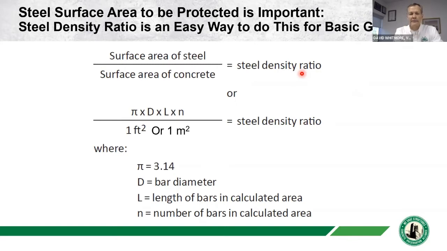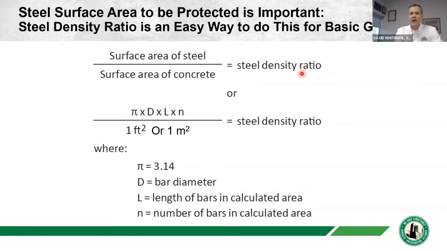If you can do that, then you can calculate anode spacings and things like that, that can then be applied to any type of structure or any portion of the structure that has the same steel density ratio. So for making your calculations simple and not having to do detailed calculations for every individual square meter or square centimeter of steel that you're dealing with, you can break it down into steel density ratios and have a much simplified design procedure.